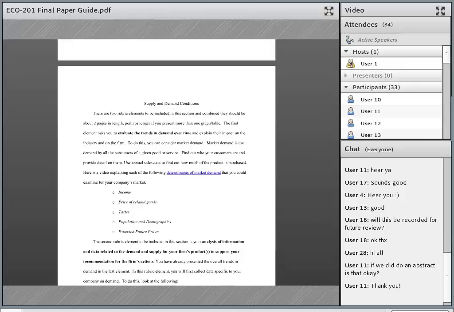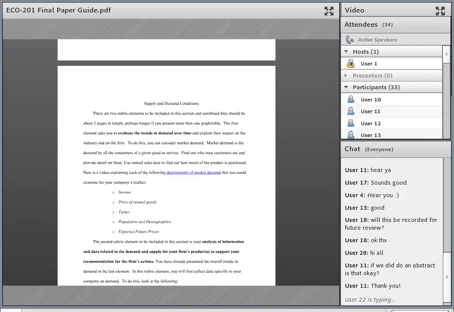So an example of that is automobiles versus a Ford Focus. You're not looking at the trends in demand for just a Ford Focus. You're looking at the trend in demand for all cars and trucks if you were doing a company like Ford, for instance. If you were doing a company like Coca-Cola, you'd be evaluating the trends in demand for soda and other bottled beverages.